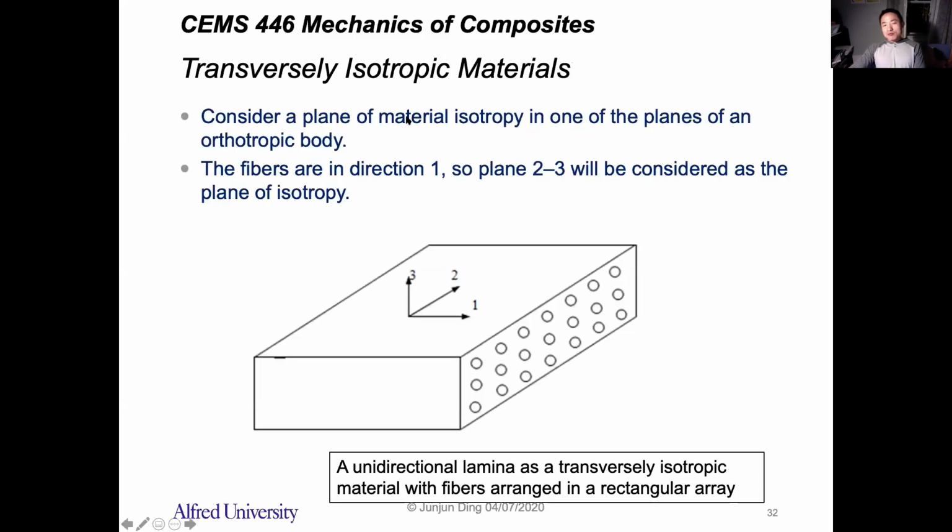But for some well mixed, well dispersed unidirectional reinforced lamina, it can be a transversely isotropic material. What does that mean? Because this ply is well dispersed, these fibers are well dispersed.